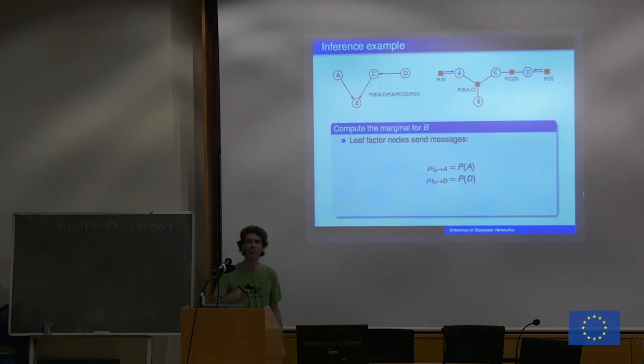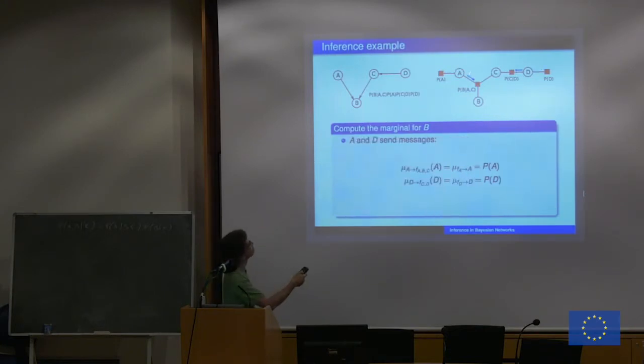The variable nodes take the product of the incoming messages and send this message farther down. So A receives one message and basically propagates it, because it has only one incoming link, the other being the destination link. So this just propagates P(A), this just propagates P(D).